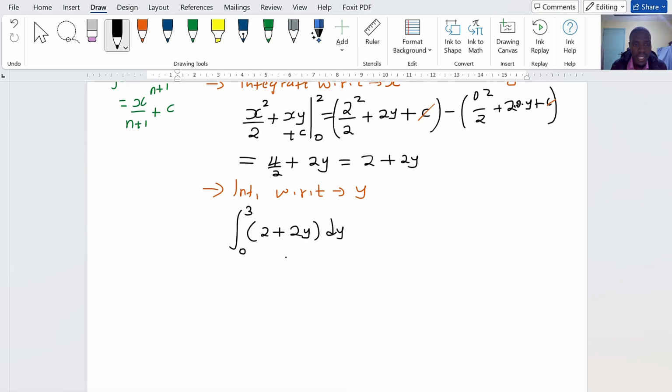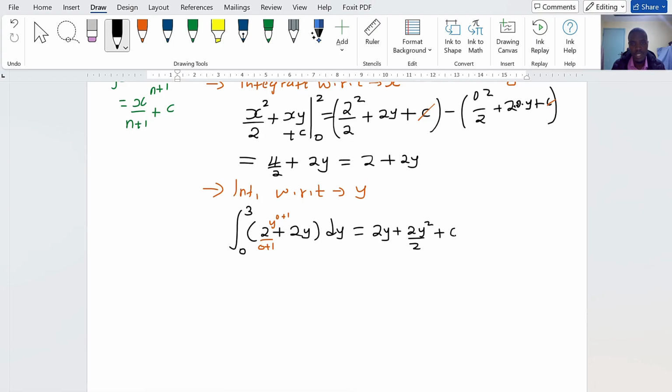So when we integrate that, this will become 2y, because there is y raised power 0 here. When you add 1 and you divide by 0 plus 1, it becomes 2y. Then plus 2y squared over 2, because we have power 1, 1 plus 1, 2 over 2.